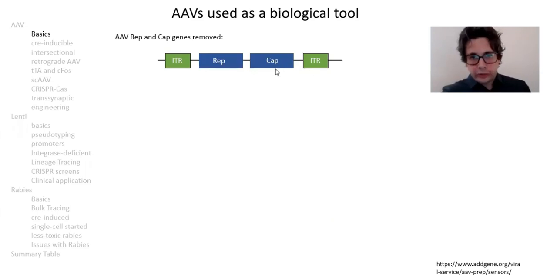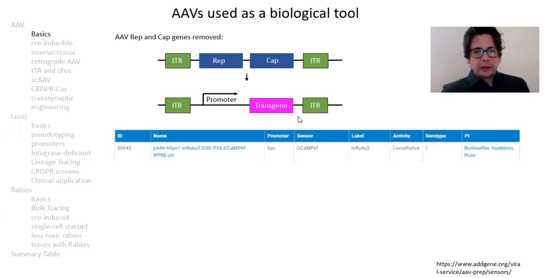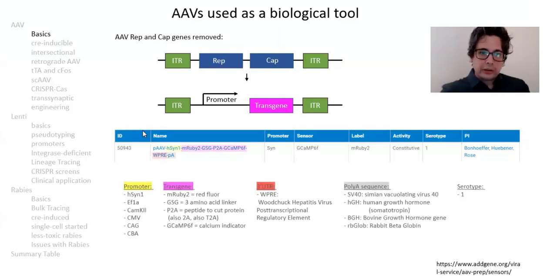That's because when you use this virus, you gut out the rep and cap and you put in a promoter of some sort and your transgene. And let's say you go to Addgene and you can see something like this, and it has the promoter, the transgene, the untranslated region, which is usually added to increase expression, but is often not necessary for it, and sometimes even decreases it.